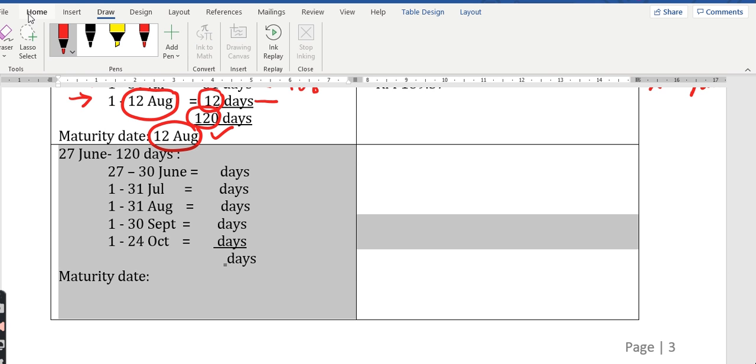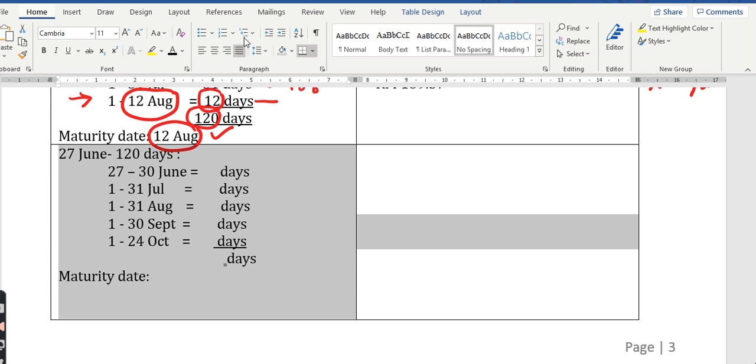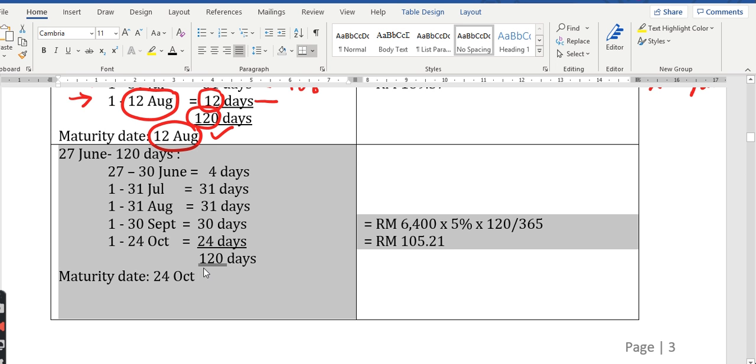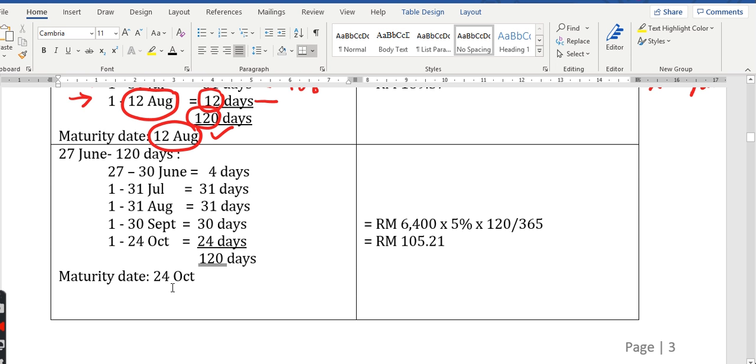If I were to calculate the maturity period for this notes payable within 120 days, my maturity date will be on the 24th. So how much do I need to pay on the 24th of October?